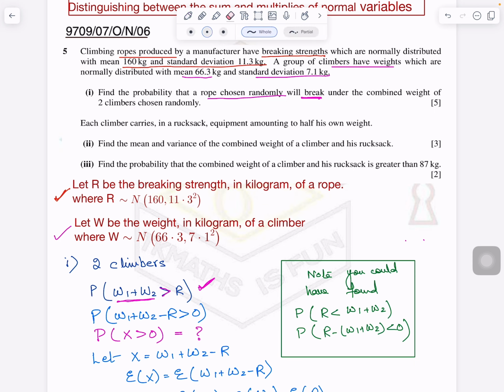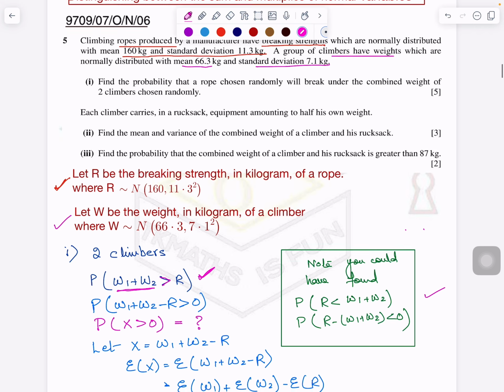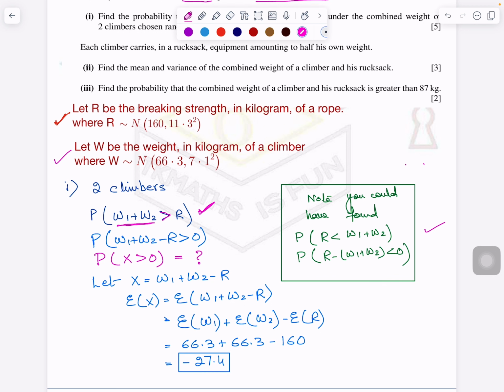It's a hidden thing here, not given straight away, so you have to understand this. You can also write it in this form, choice is yours. I have written the probability that the strength is less than the weight of 2 people, and here the probability that the sum of 2 people is greater than R. You can solve it any way. I have solved it in this way.